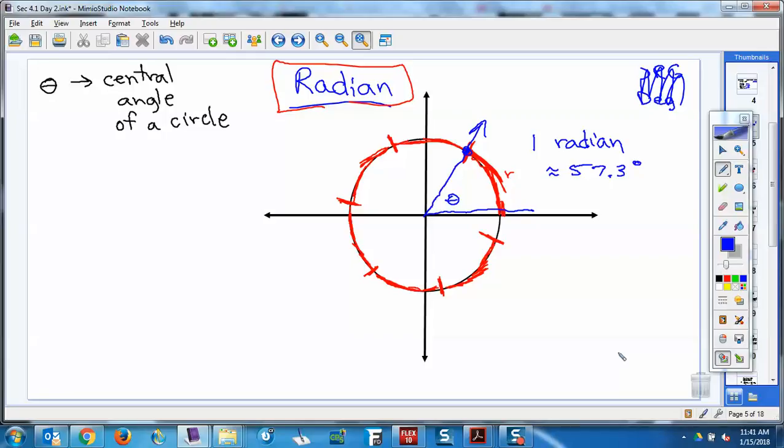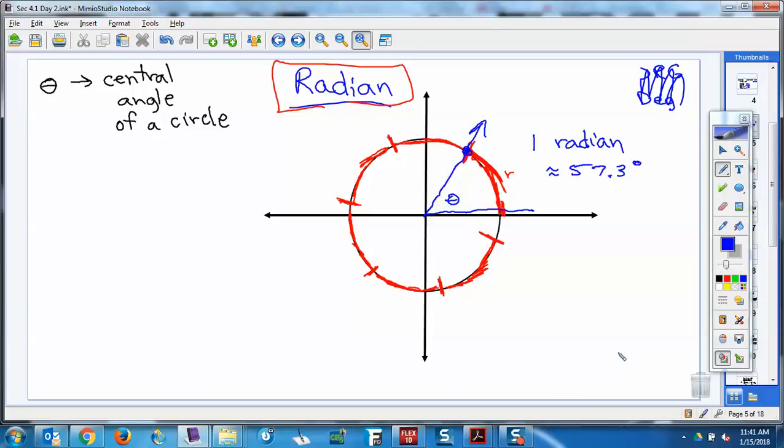And no matter how big the circle is, that is going to be the case. Okay? That 1 radian is going to be 1 radius. So whenever we think about radian measure, and whenever we think about where 1 radian is, or where 2 radians are, or where 3 radians are, I want you to think back to this little activity. I want you to think back to the piece of string that was 1 radius, and remember, when we took 1 radius, how far did it go? And another radius, and another.